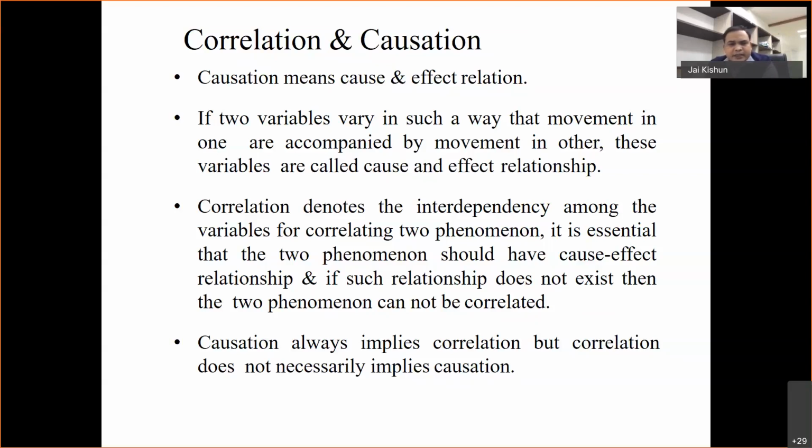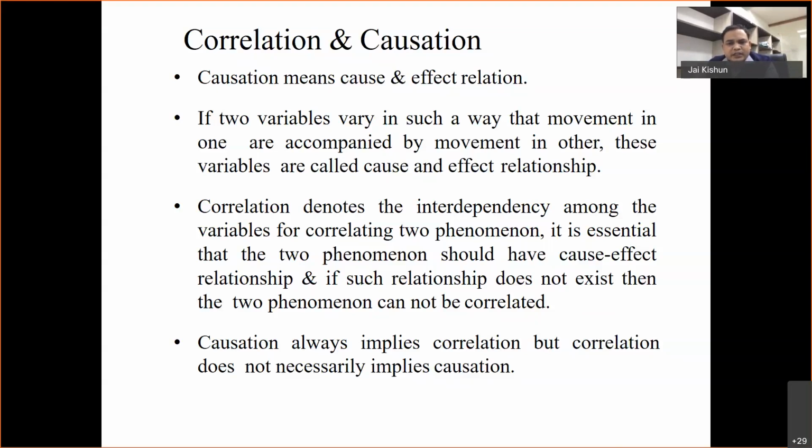Like we have taken the example of salt intake and SBP. If these two variables have a cause and effect relationship, they should also be correlated. But if the two variables are correlated, then we cannot say that they also have a cause and effect relationship.